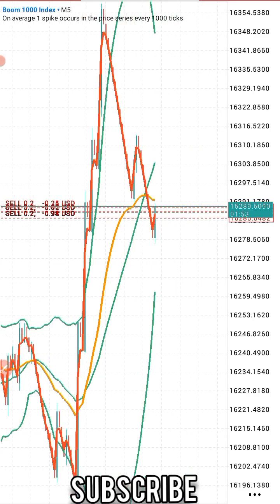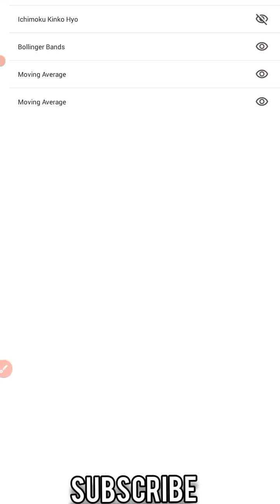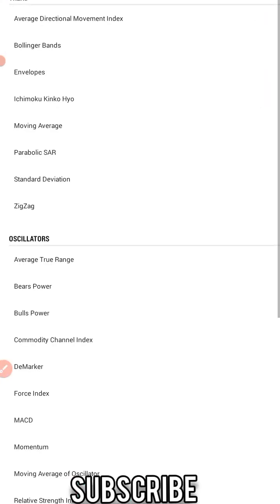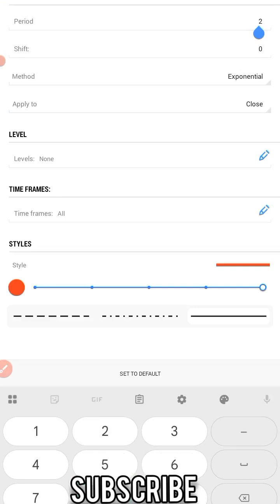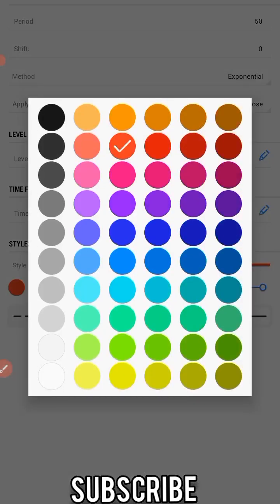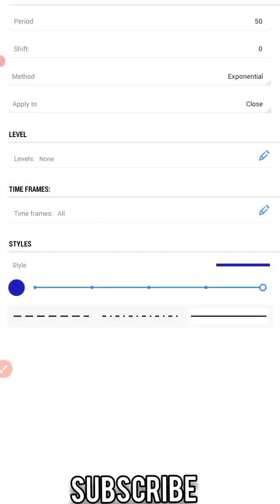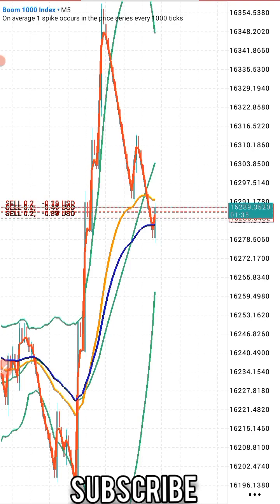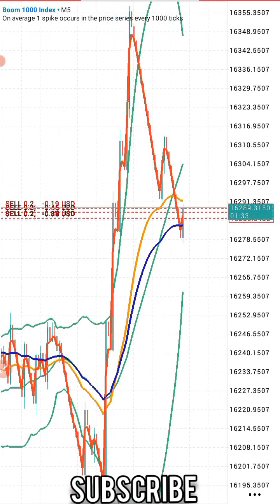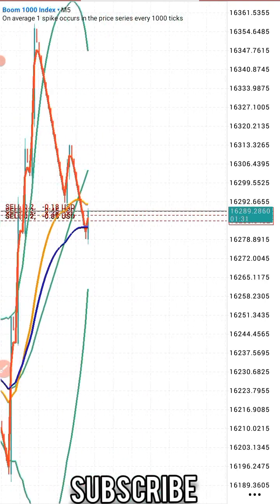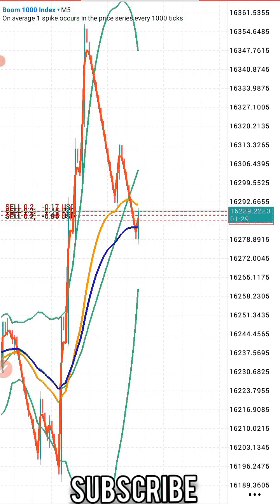And then the last one is you add your 50 moving average. I intend to show us something different, but let me just show us this, then I go to what I'm having for today, which is our major indicator, which is the 50 indicator.